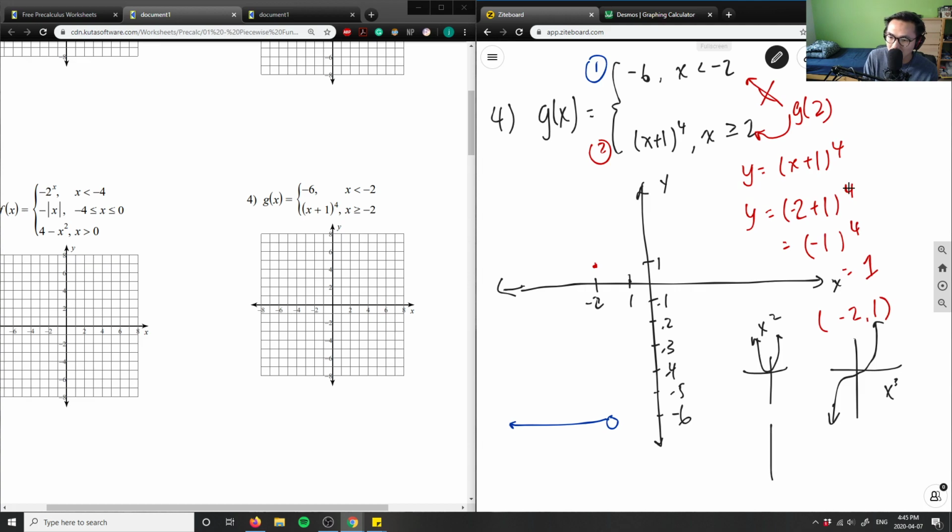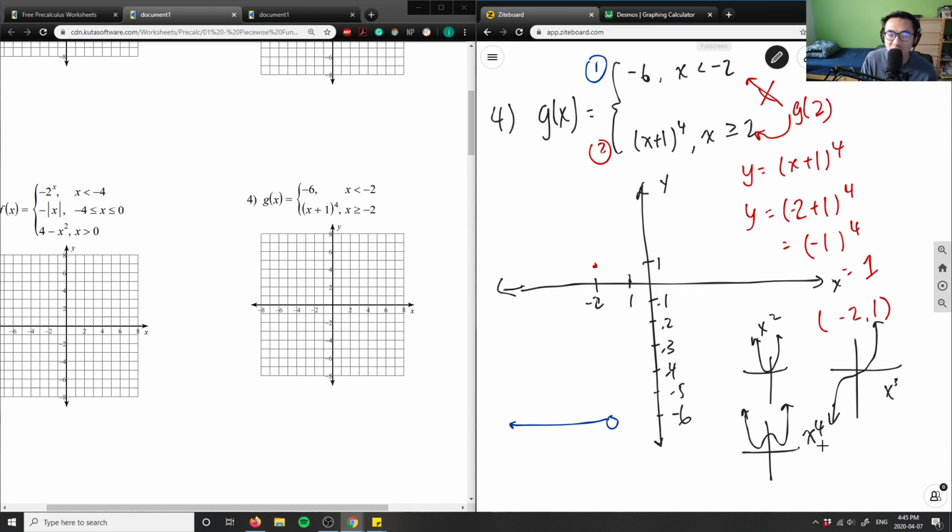What would x to the power 4 look like? Well, x to the power 4 actually looks a lot like x to the power 2, but it has more curves to it. It looks like a parabola, but with one extra hump, as you can see here. That's an example of a quartic function, so x to the power 4.